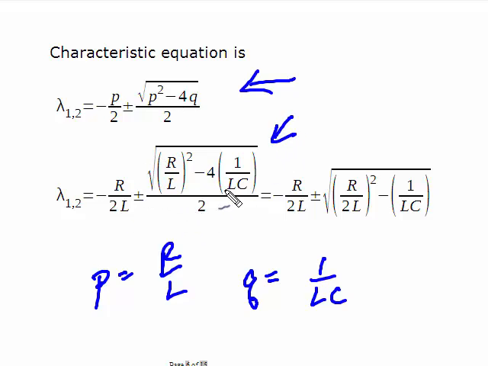If you pull the 1/2 under the square root sign, then you can write the condition on the roots for the characteristic polynomial in terms of (R over 2L) squared minus 1 over LC. This is very convenient because here's the R over 2L sitting right out here. So you're using the same term again, and that's a more convenient way to write it.